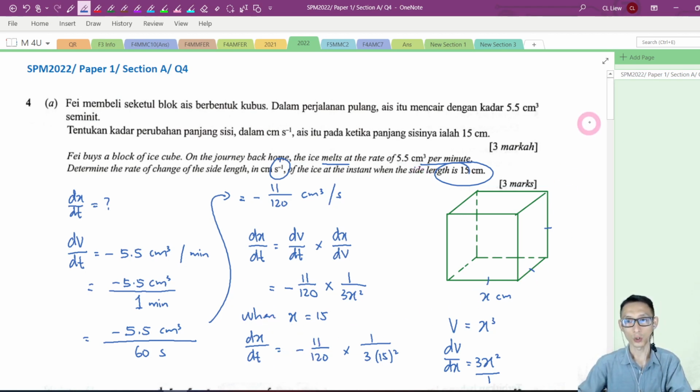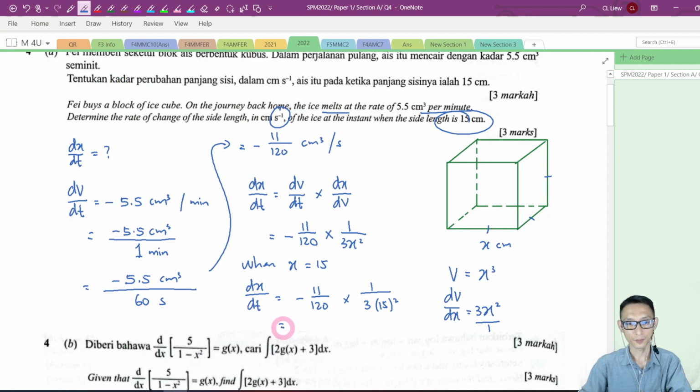Okay, so it's equal to negative 11 over 81,000. So this is per second. So from here we know that the side length of the ice cube, negative means decrease.